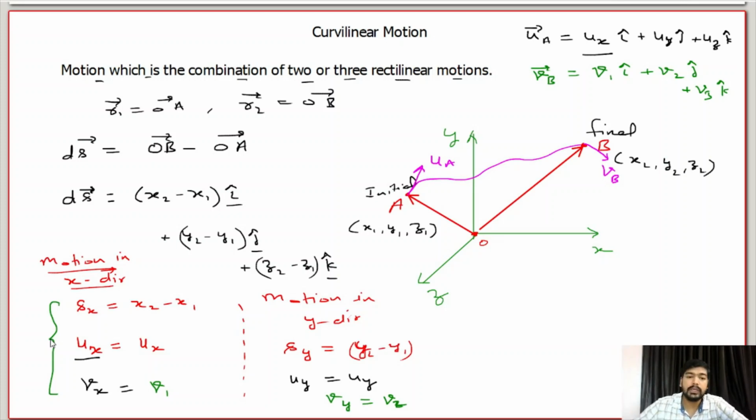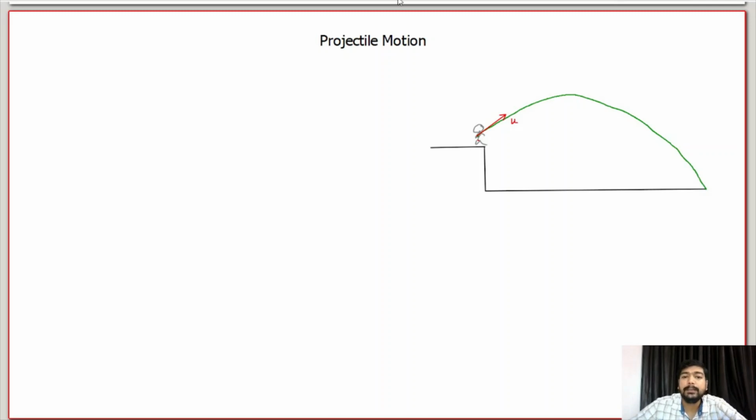Okay, so let's take one example of curvilinear motion, that is projectile motion. Here we can see a man who has thrown an object in direction u, and the trajectory of this object after the man has thrown it is something like what is shown by the green color.